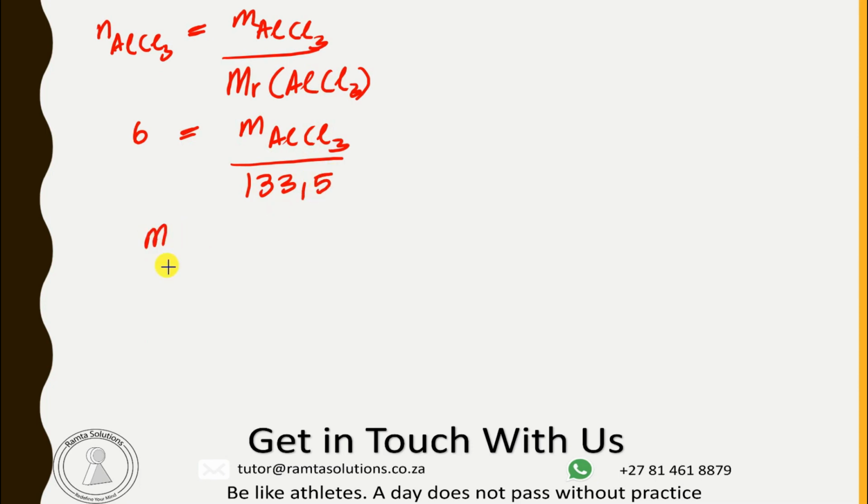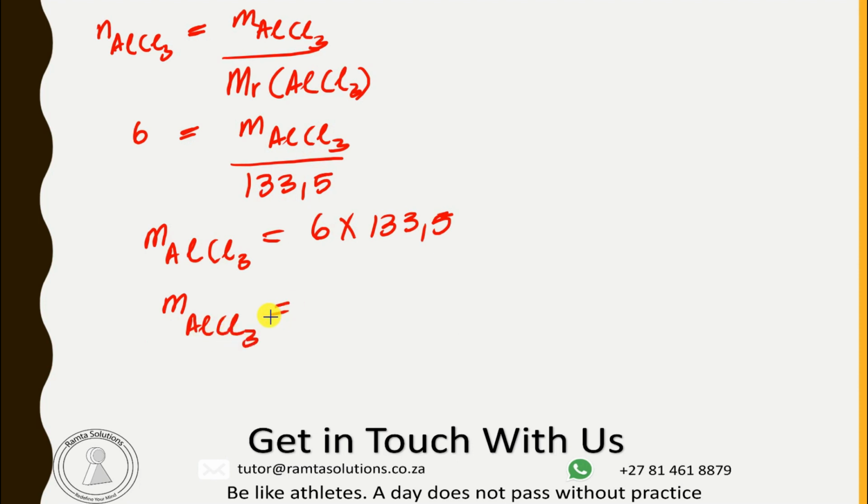Therefore, mass of aluminum trichloride is 6 times 133.5. In conclusion, your mass of aluminum trichloride is our answer multiplied by 6, it's 801 grams. Okay, the mass of aluminum trichloride is 801 grams.